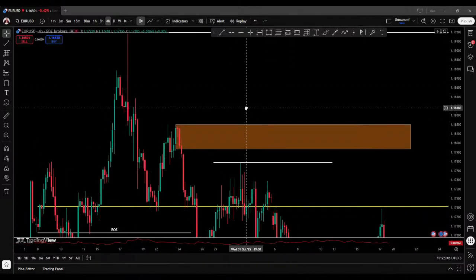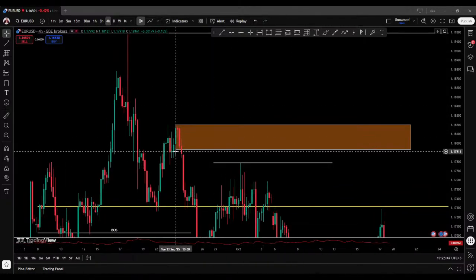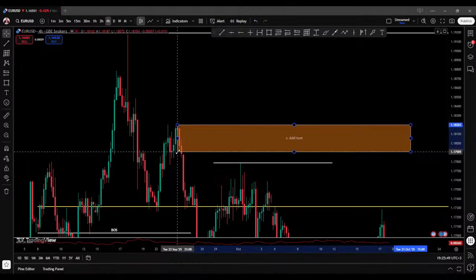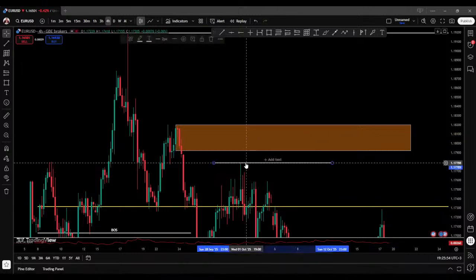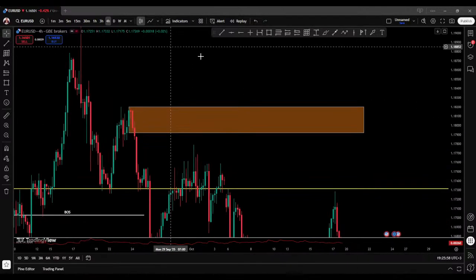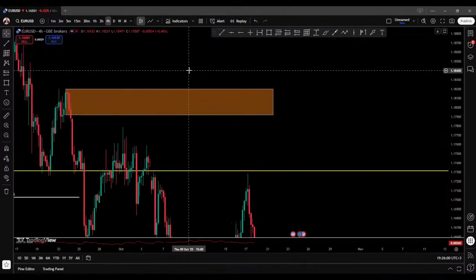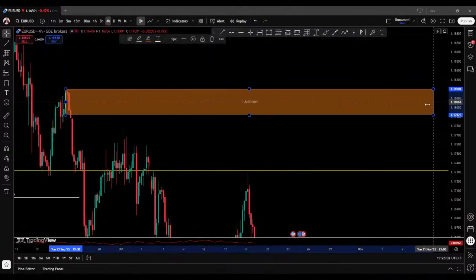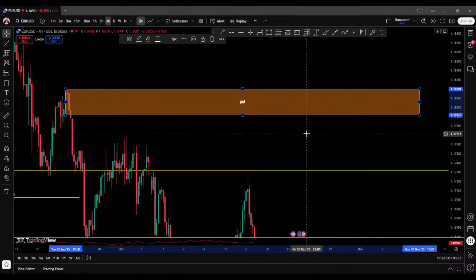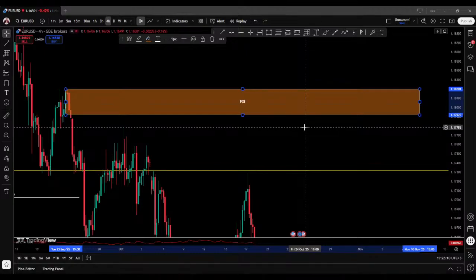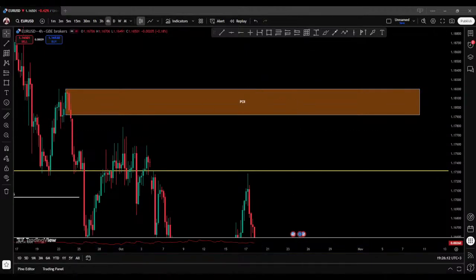That means we cannot be looking for any optimal sell before the market takes out this liquidity and comes to this our order block here. This is a very good POI, point of interest.